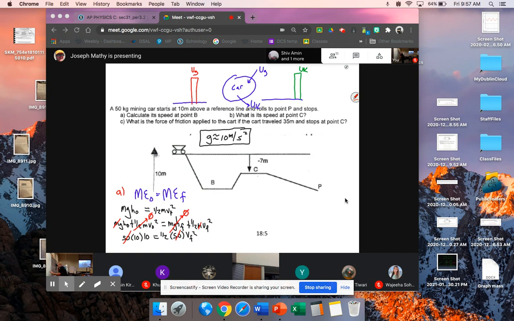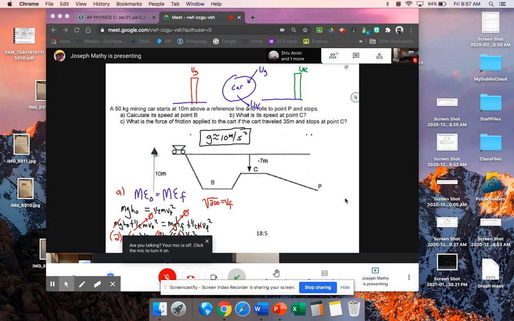So the algebra becomes radical 200 equals vf. I'm just doing some algebra down here, adding 2 to both sides to get rid of that quantity, and that gives me radical 200 for my final velocity.